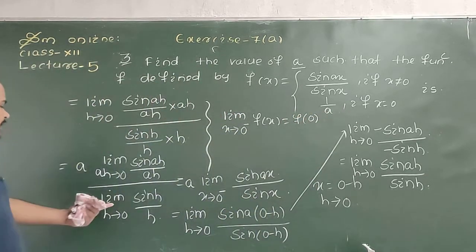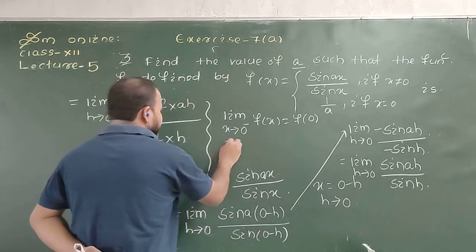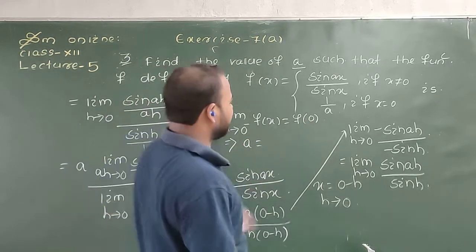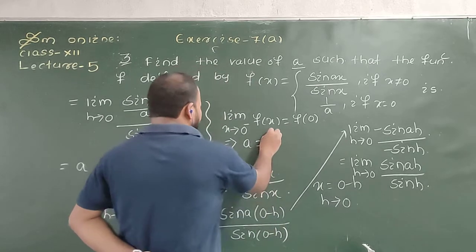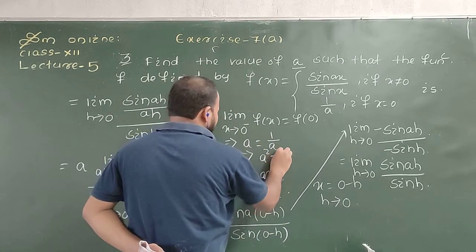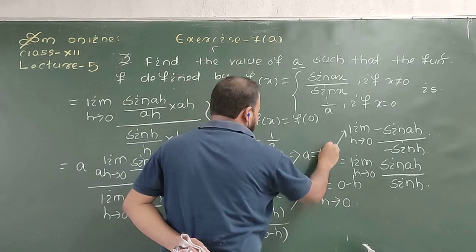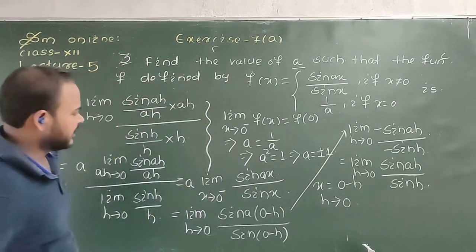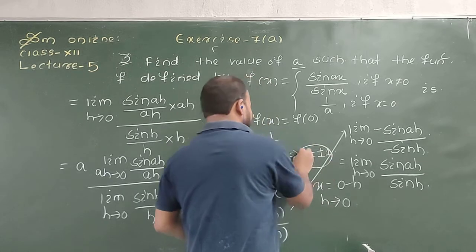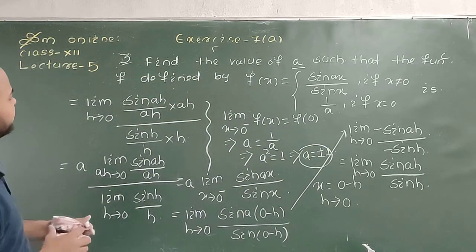So on the left hand side, the left hand limit we got is a, and the functional value, that is the value of the function at x equal to 0, is 1 by a. So that a square equals 1, which implies that a equals plus minus 1. Okay, the value of a is plus minus 1, this is our answer. Next, move to question number 4.